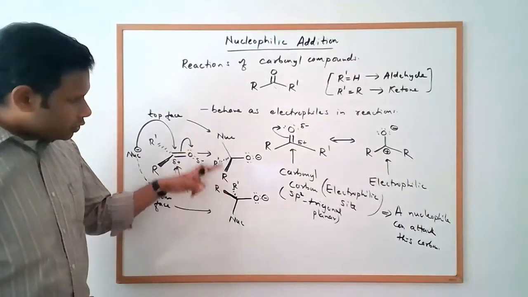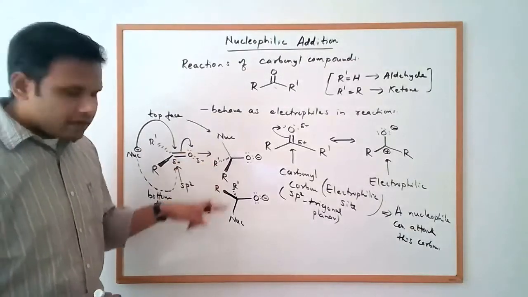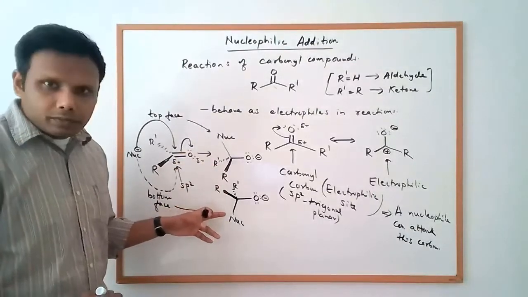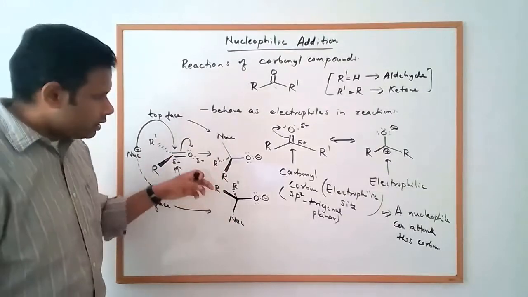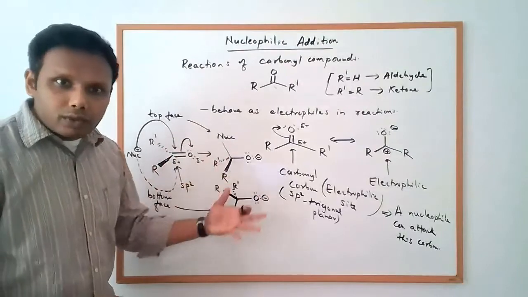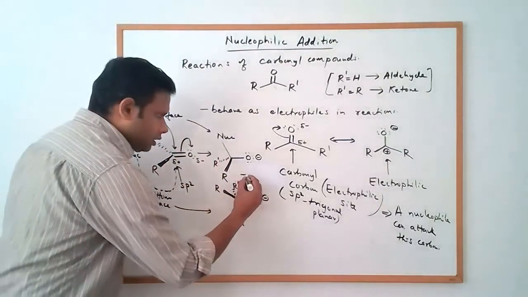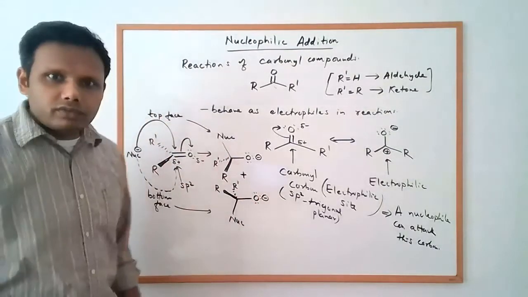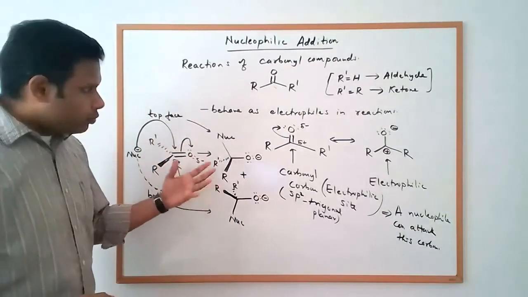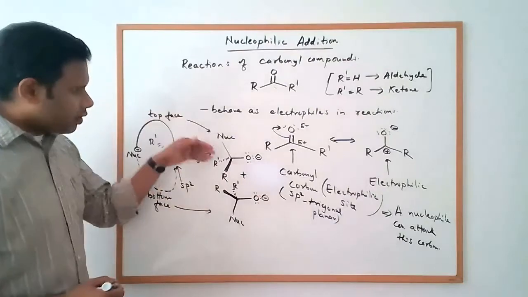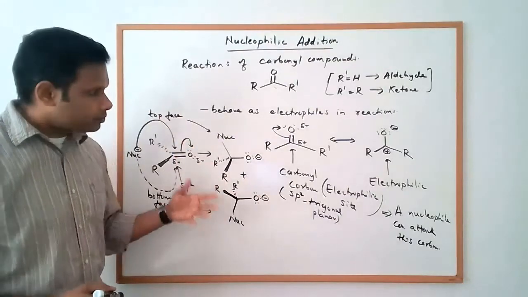You notice that what you made here are enantiomers of each other. So the chirality is built in, and you always make a racemic mixture. You're going to make equal amounts of both of these enantiomers. That's something very important about attack on a carbonyl carbon.